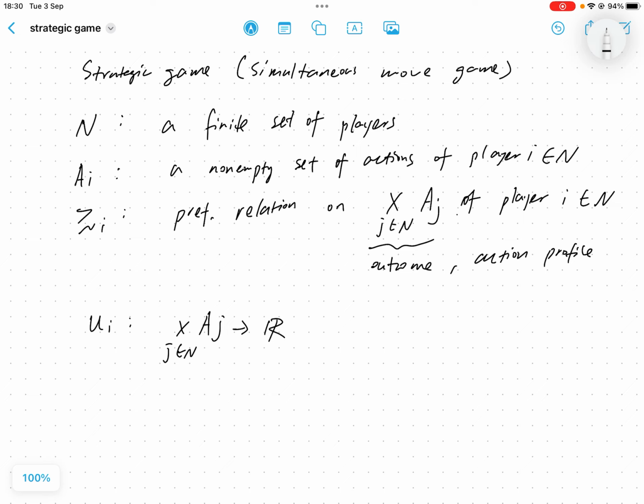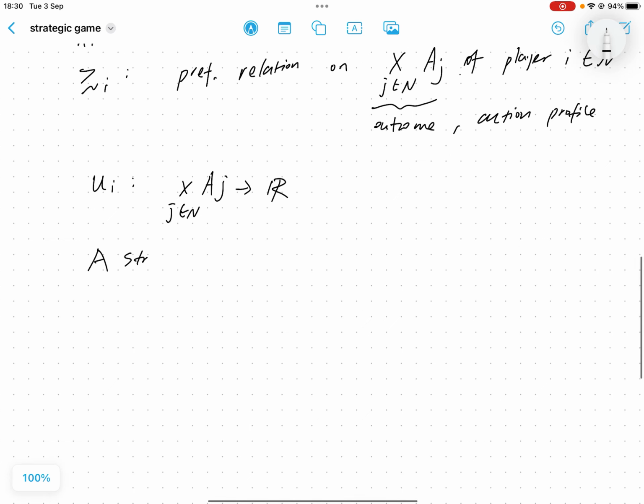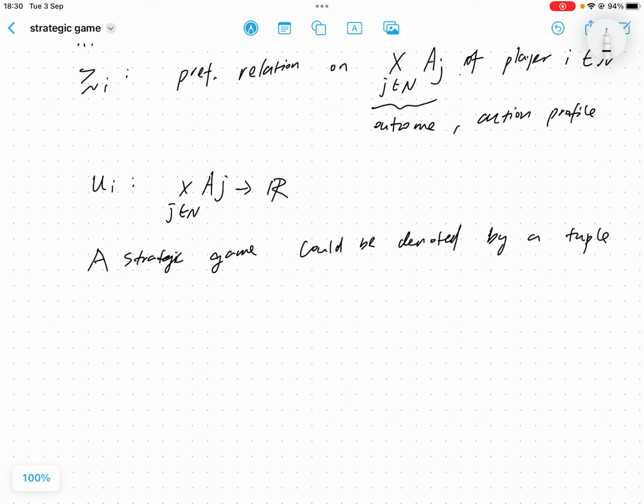So a strategic game could be denoted by a tuple, which includes the elements that we mentioned previously: n players, the action spaces, and the utilities for each player.